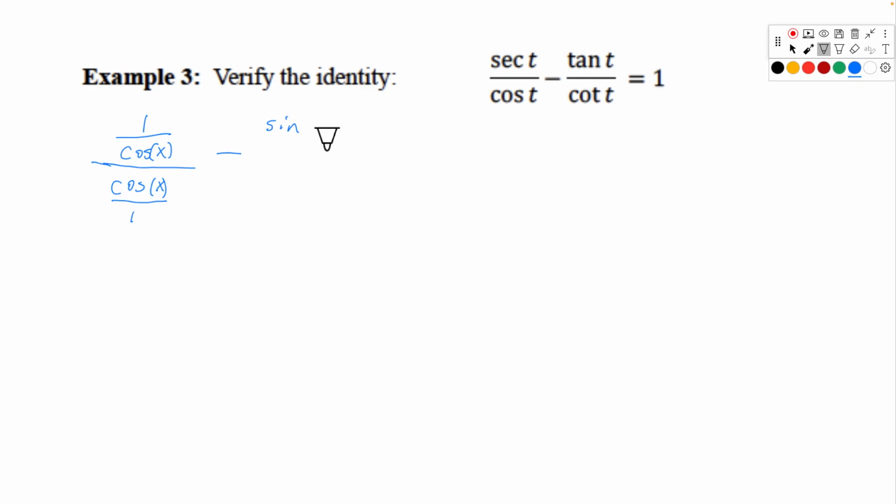So we'll go with tangent being sine x over cosine x divided by cotangent. Cotangent is the reverse, so that's cosine x over sine x. Okay. And then when you've got a complex fraction, a fraction over a fraction, we're going to rewrite it as a fraction divided by a fraction.